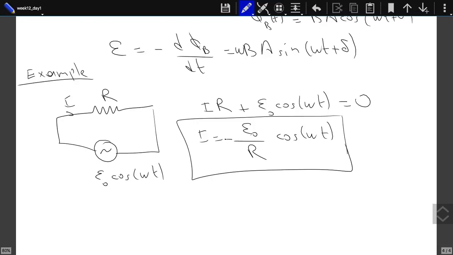So basically, we don't know where the positive terminal and negative terminal of such a source are. It's constantly changing. I mean, it's just convention. At t equal to 0, you can define the positive and negative, so then you are done. So we can choose whichever direction is correct. The only thing is that you have to be consistent if you have more than one loop that you consider.